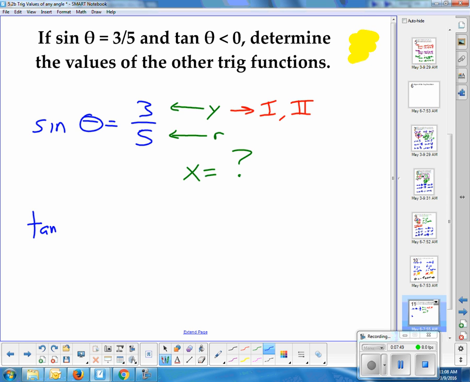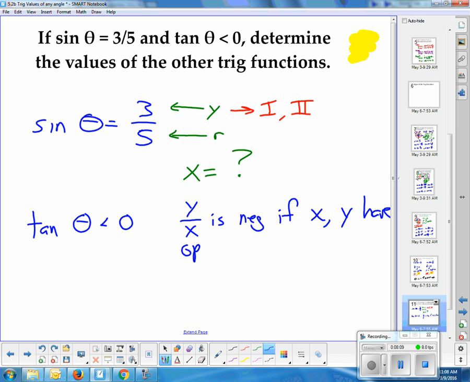So tangent of theta needs to be negative. Tangent is defined as y over x. Well, that would be negative if x and y have opposite signs. If both x and y were positive, tangent would be positive.